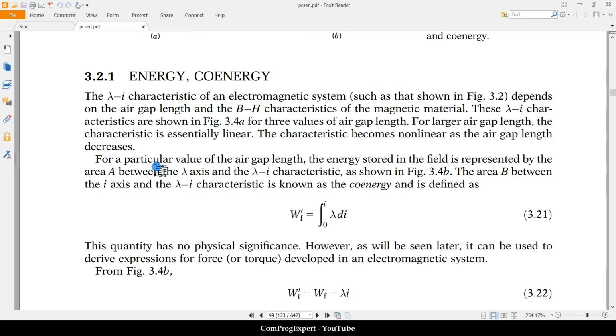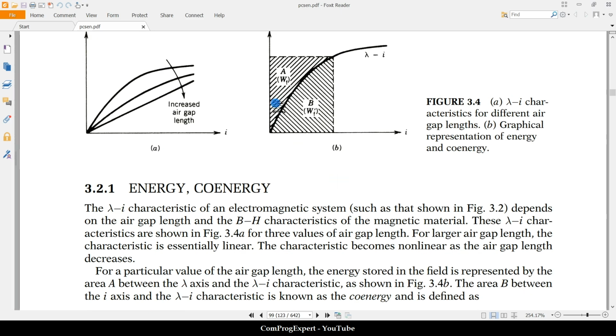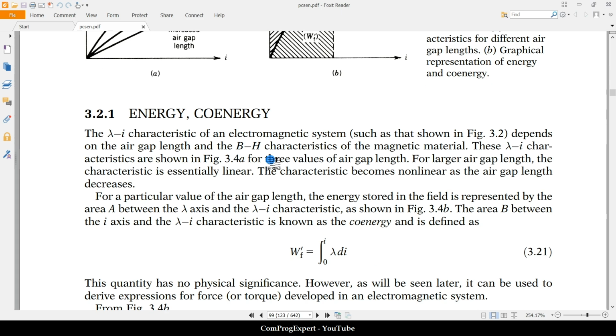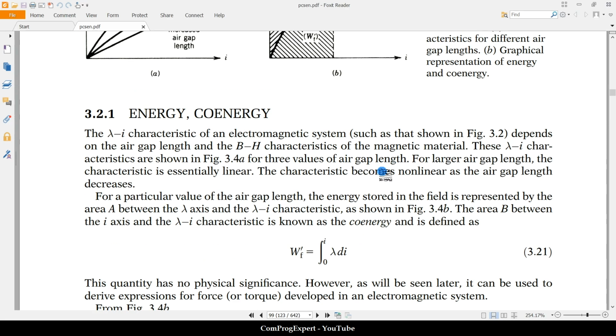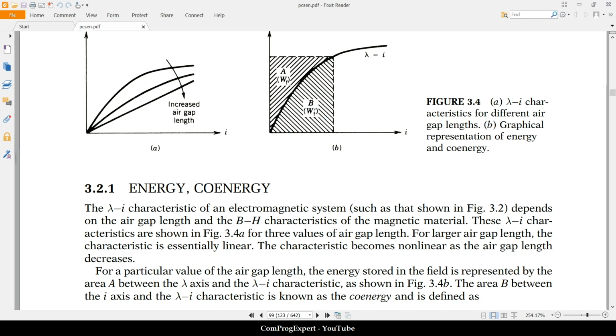For a particular value of the air gap length, the energy stored in the field is represented by the area between the lambda axis and the lambda characteristic as shown in this figure. This is the energy. The area B between the I-axis and the lambda-I characteristic is known as the co-energy, this one.